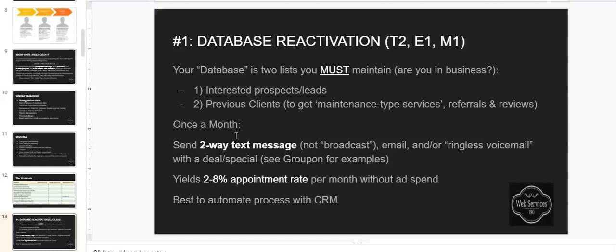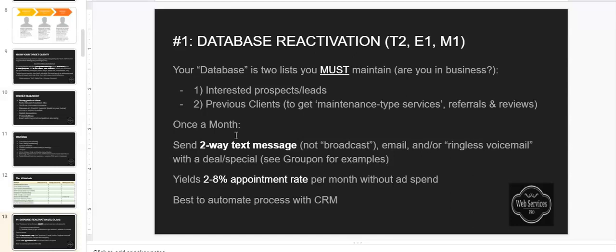Every client that you have, you should be recording their name, their email, and their phone number at the very least. And above that, also some other things, like their location, what kind of service you've given them, when they're due for some maintenance type of service, all these other kinds of criteria. But at the very least, you should be collecting phone numbers for them.